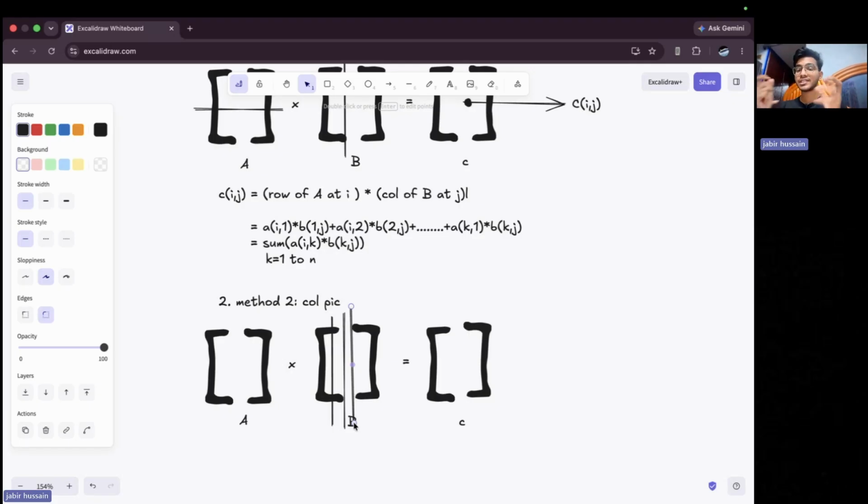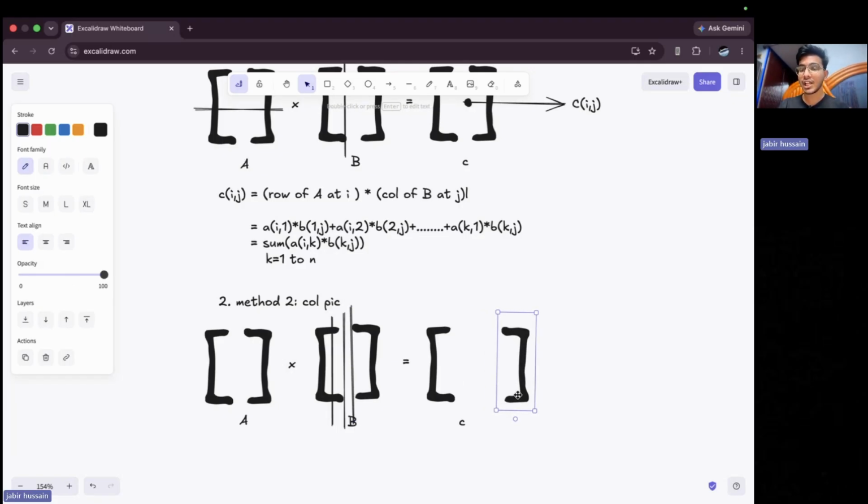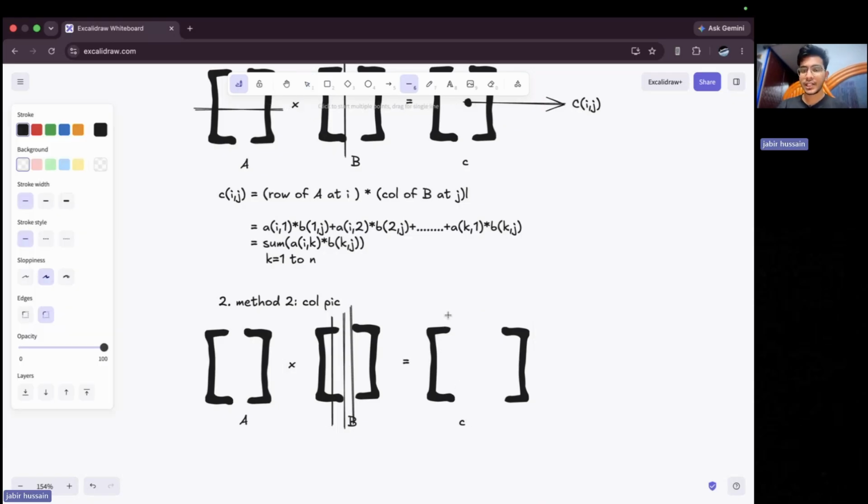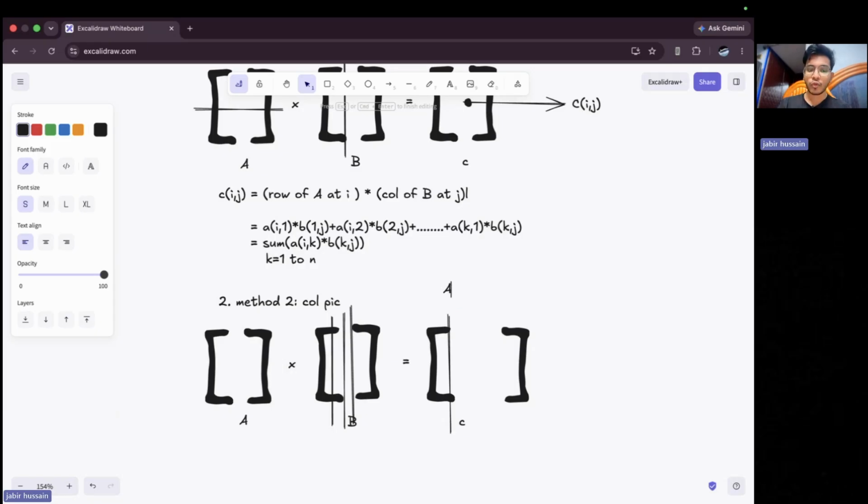The resultant of the given matrix will be like this: column 1 of the matrix C would be A cross column 1. Are you getting me? Let's say this is column 1, column 2 and column 3.